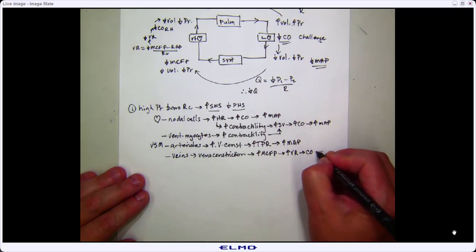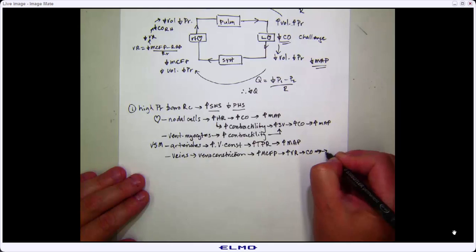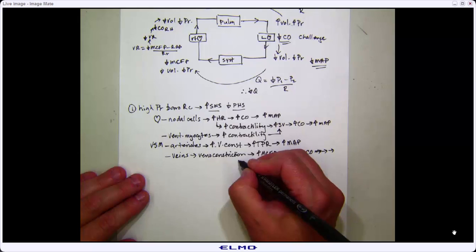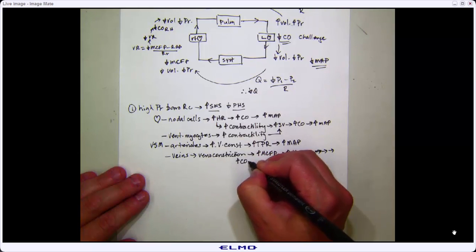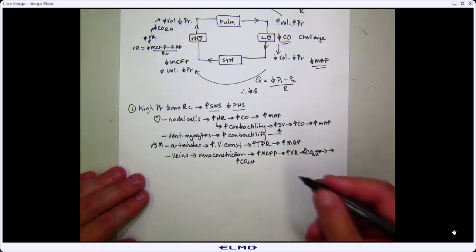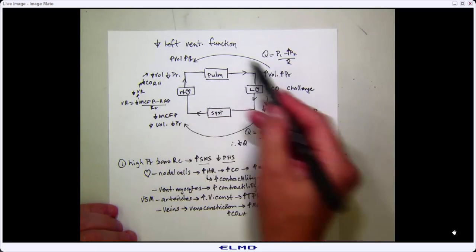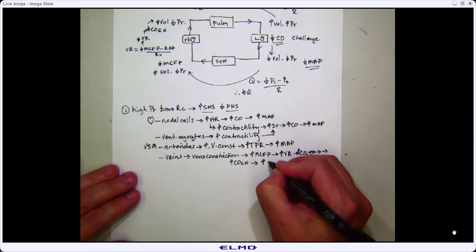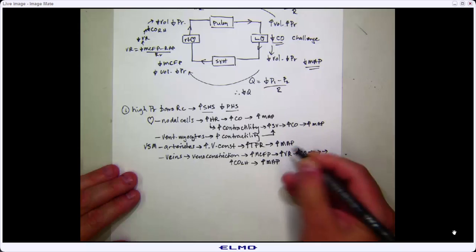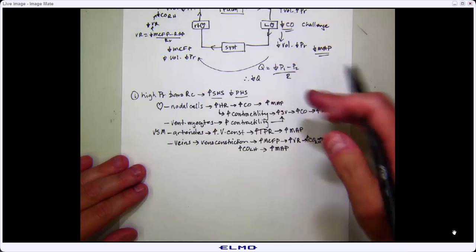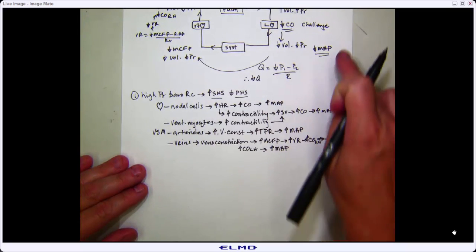And then if we do the work, as we've done already, we will see that will increase cardiac output of the left heart, which will increase mean arterial pressure. All right. So again, the body is working towards fixing the problem.